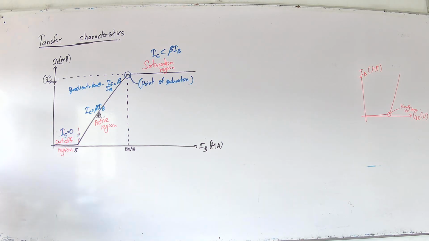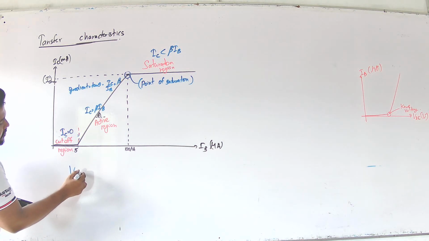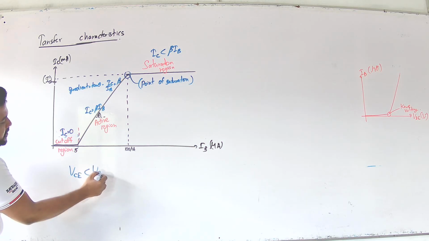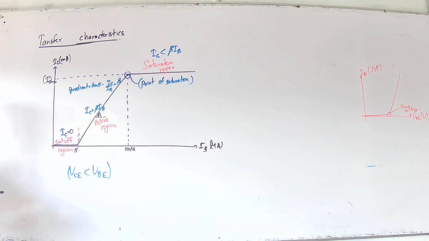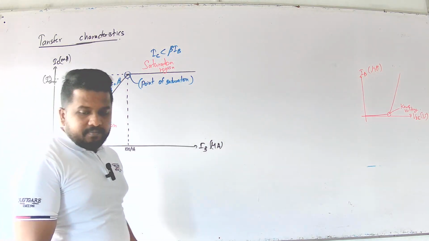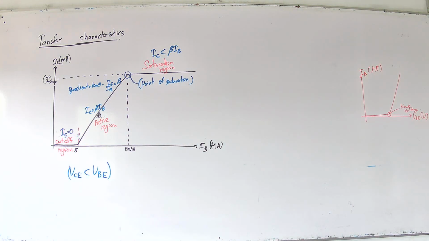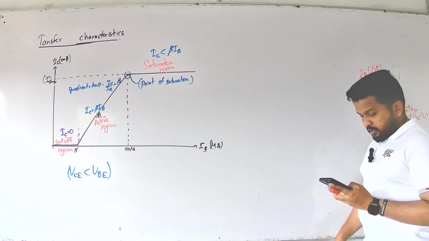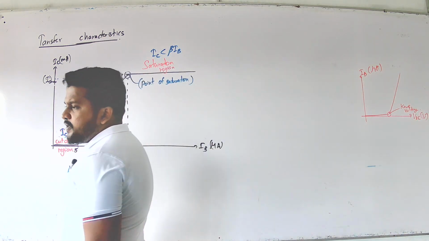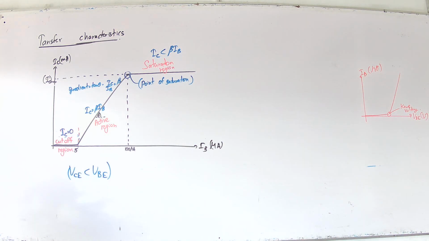When VCE is smaller than the VBE, we get a saturation region, the saturated state of the transistor.